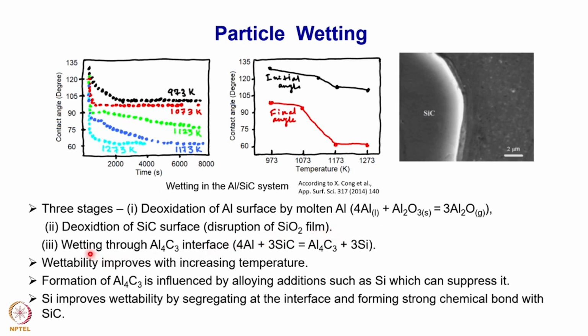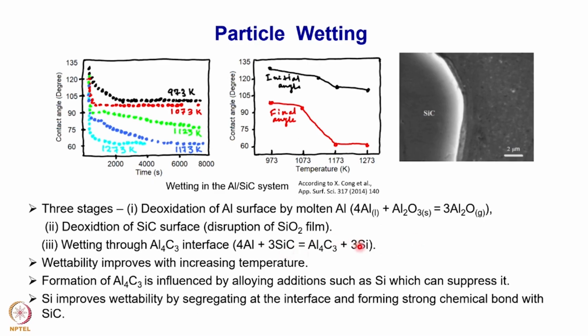And then you can also have wetting through formation of an interfacial layer of some reaction product. So you first let the matrix metal and the reinforcement react and form a very thin layer of this reaction product along the interface, and this will actually lead to good bonding, provided this is very thin and does not extend into the material.